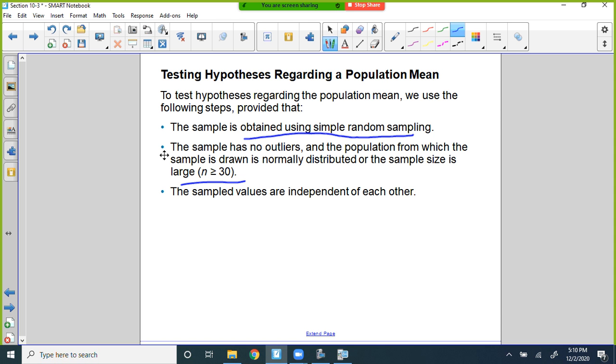All of these really are key characteristics, and the sample values are independent of one another, right? Remember in 10.2, we basically had to check np(1-p) greater than or equal to 10, right? Simple random sample, independent, but this had to be greater than or equal to 10, right?